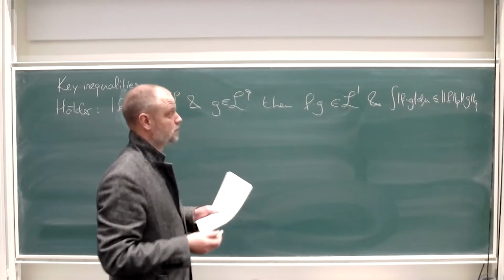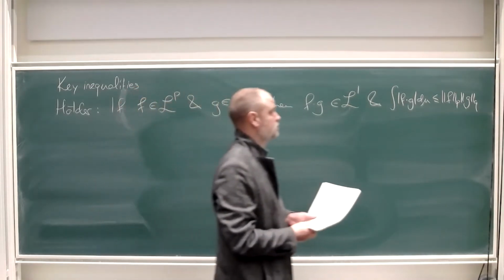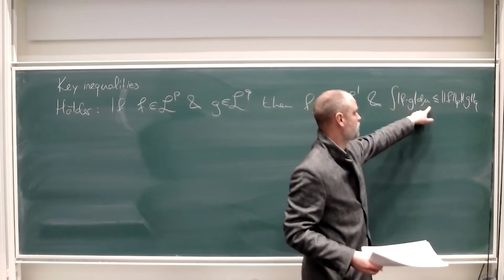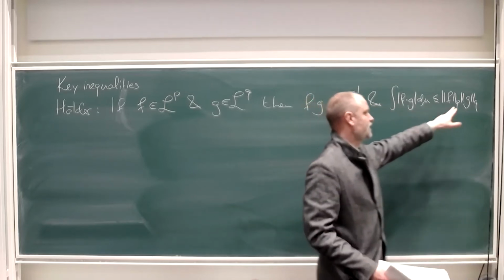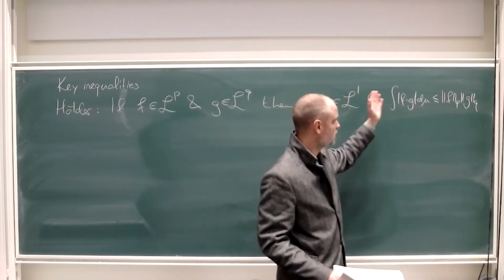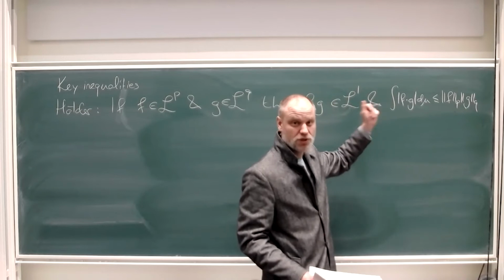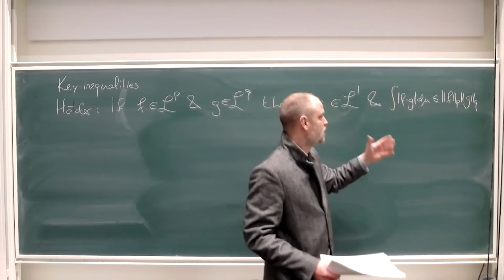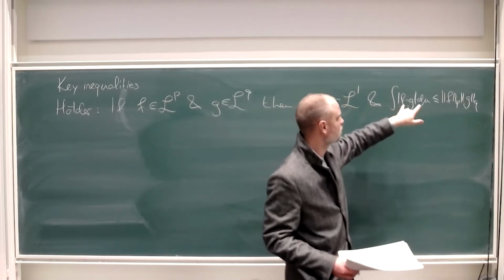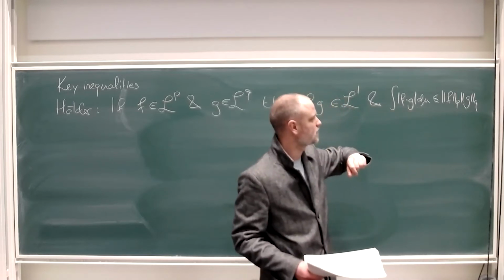Yeah? So, of course, we know that I can move the modulus on the outside. If I do that, and I let p be equal to 2, then q becomes equal to 2, and what's written here is just the Cauchy-Schwarz inequality. So even for p equals 2, it's a bit of an improvement of the Cauchy-Schwarz inequality because I put the modulus on the inside of the integral.